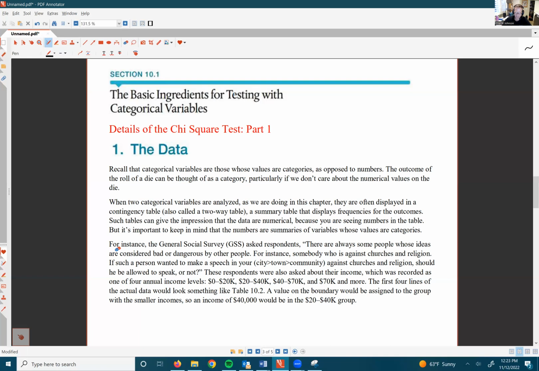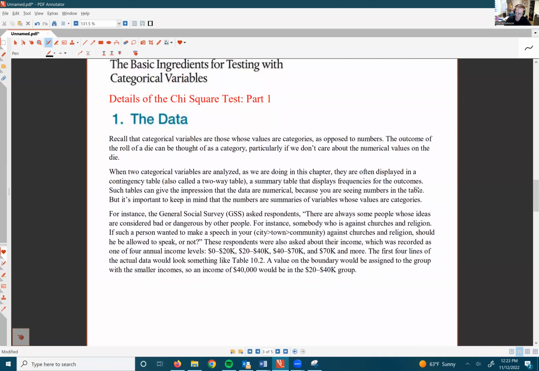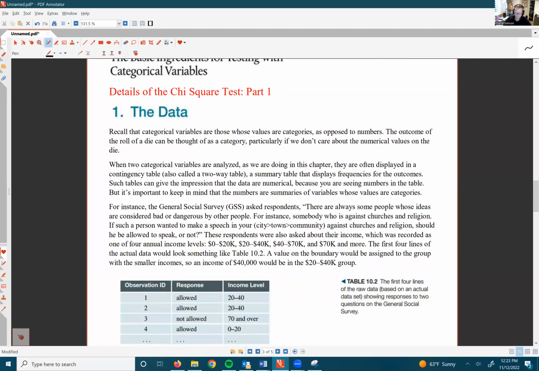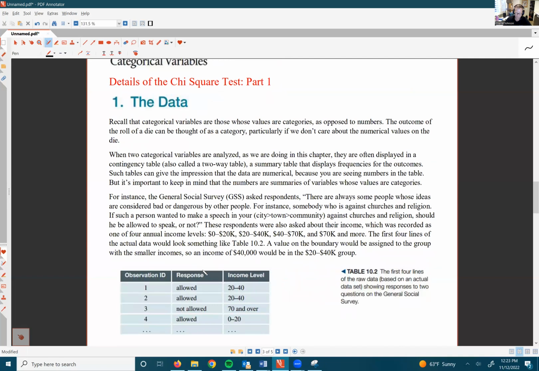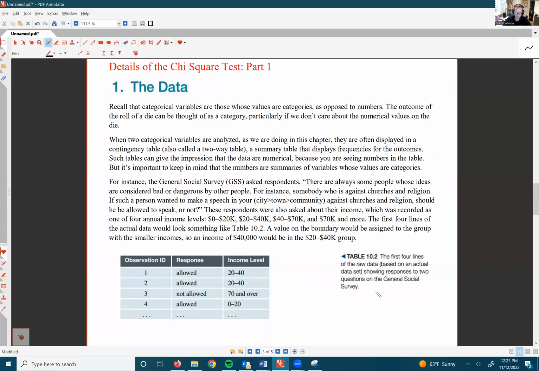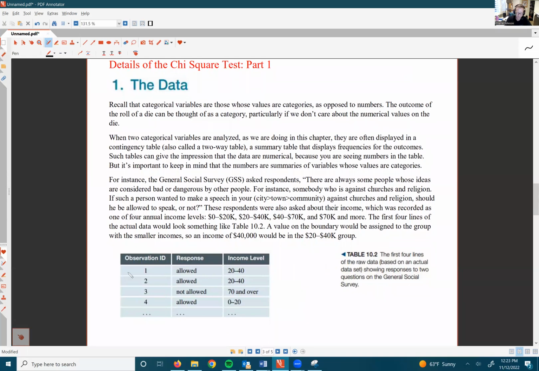The first 4 lines of the actual data would look something like Table 10.2. So observation ID 1 is the first person, second person, third person, fourth person, and so on.